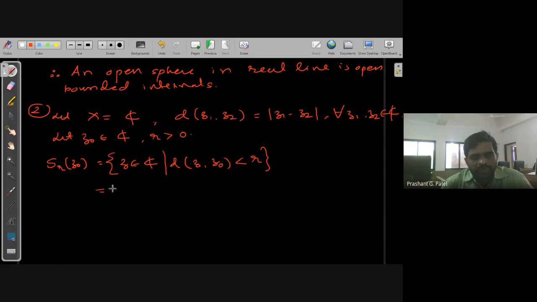So as per this definition of D, we can say that it is mod of z minus z0 less than r. But what is mod of z minus z0?